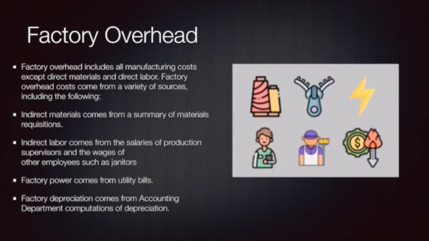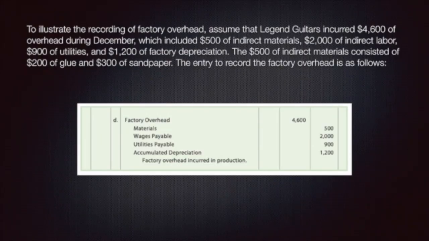To illustrate the recording of factory overhead, assume that Legend Guitars incurred $4,600 of overhead during December here, which included $500 of indirect materials, $2,000 of indirect labor, $900 of utilities, and $1,200 of factory depreciation.